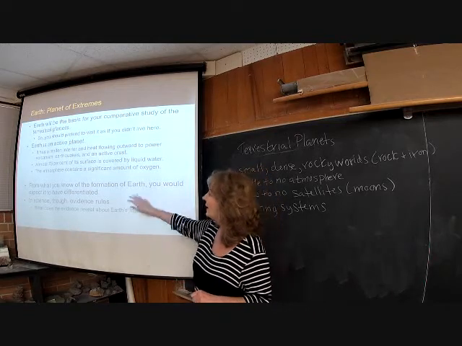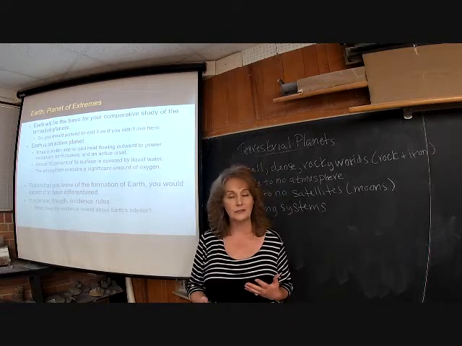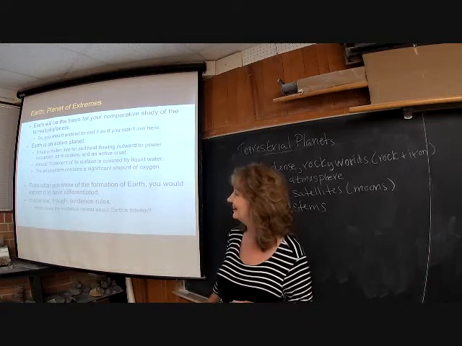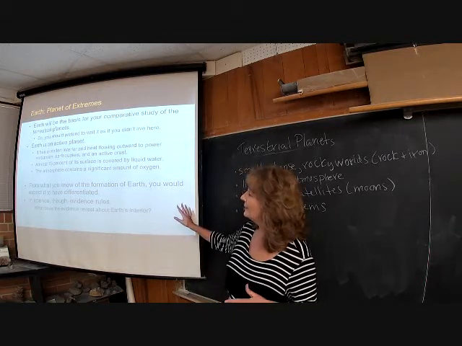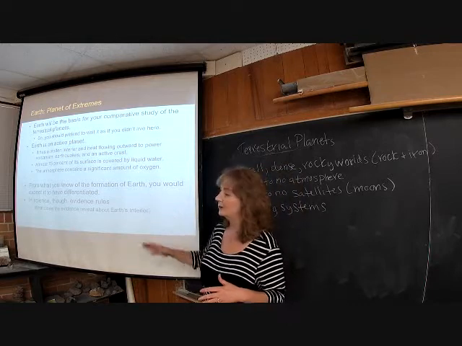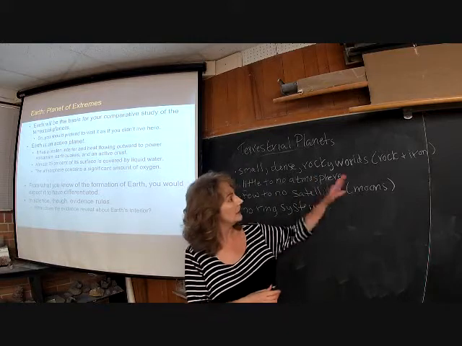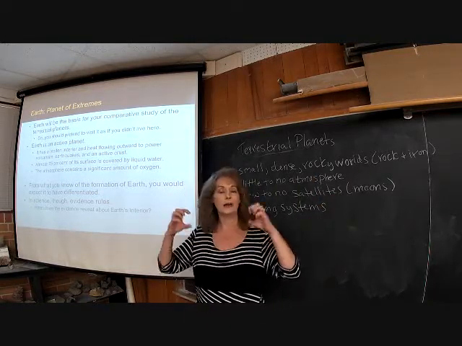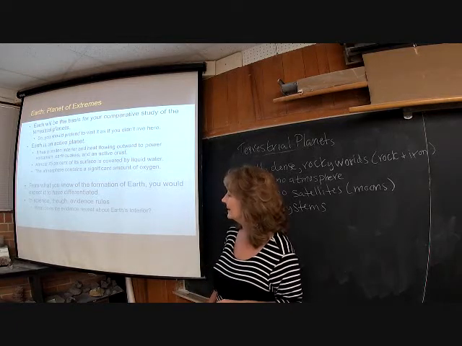Our atmosphere also has significant amounts of oxygen in it, which makes it very nice for us who need to breathe the oxygen. So from what we know about the formation of Earth, we would expect it to have been differentiated into layers. So, an iron core, a dense rocky mantle, and then the lighter, less dense crust.